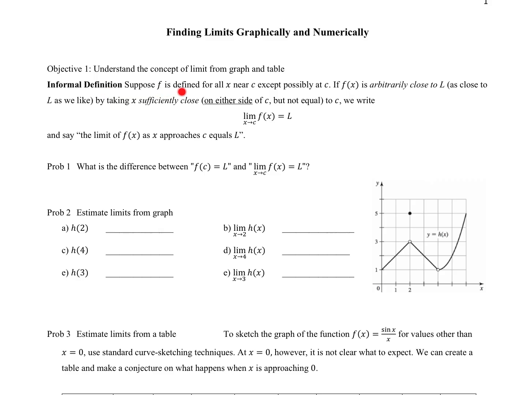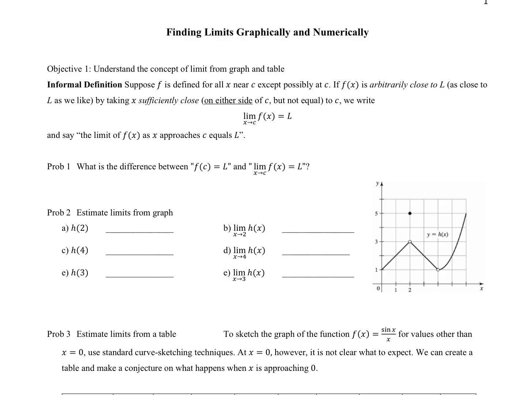Suppose f is defined for all x near c except possibly at c. So what that means is, f doesn't have to be defined at c, but it should be defined on the x values nearby c. If f of x is arbitrarily close to L, and this L is a specific number, how close?